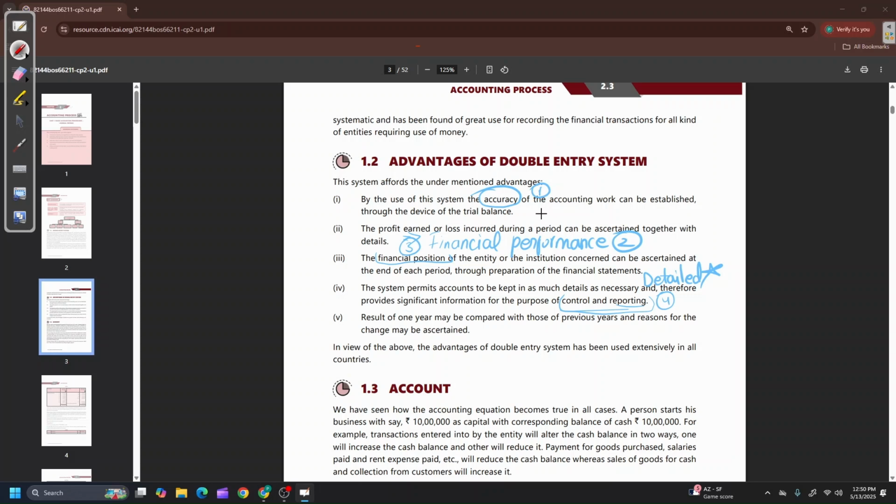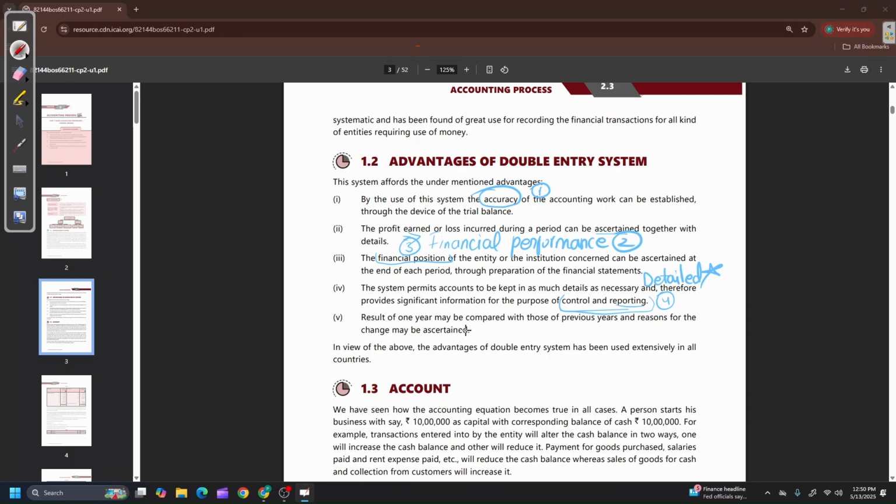You will speak with me. The first advantage is accuracy, then financial performance, then फाइनेंशियल पोजीशन. सीधे फाइनेंशियल परफॉर्मेंस मत लिखना एग्जाम में, ये लिखना दैट इट हेल्प्स अस टू डिटरमाइन फाइनेंशियल पोजीशन, इट हेल्प्स अस टू एसरटेन फाइनेंशियल परफॉर्मेंस. फोर्थ, इट इज वेरी डिटेल्ड.